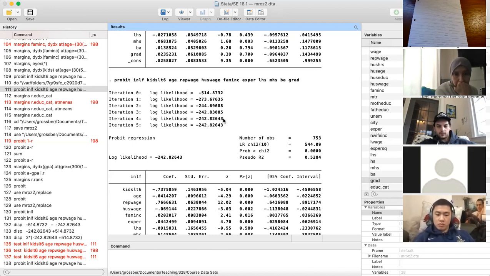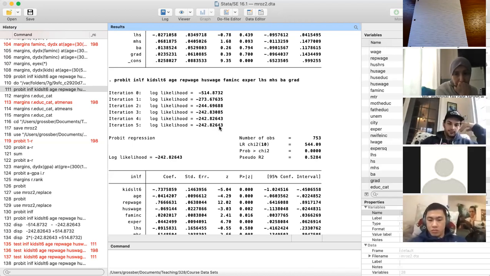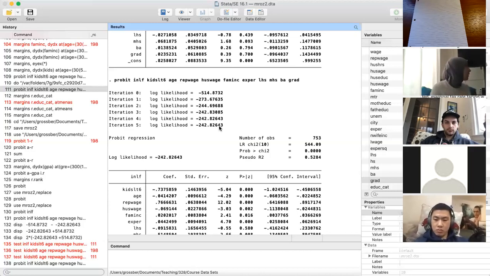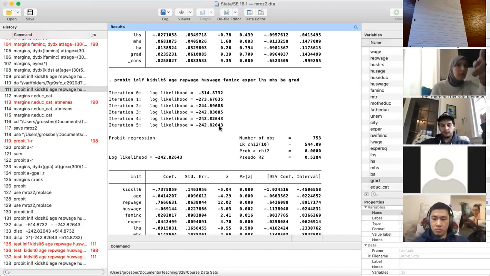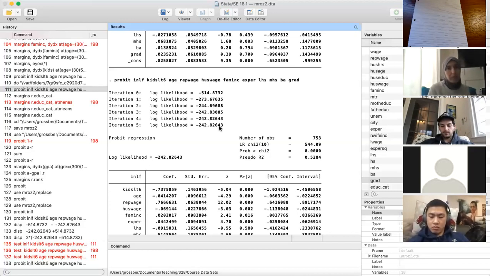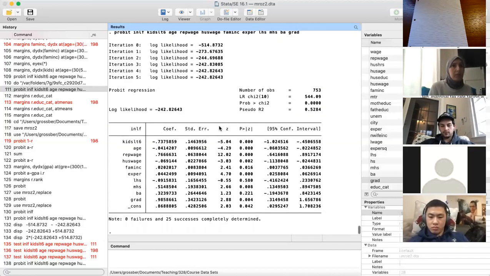It keeps on increasing the size of the likelihood function until it can no longer do so. And at that point, we say that the model has converged. And there's a whole literature on how to figure out when a model converges, and we're not going to deal with that.